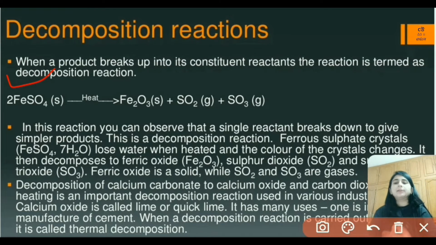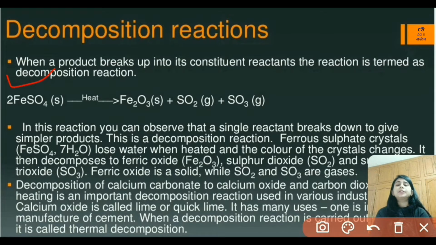So it's again a very good example of showing how one reactant on receiving heat breaks down or decomposes to form simpler substances. Another example of this could be calcium carbonate, whose molecular formula is CaCO3. So, calcium carbonate on receiving heat further decomposes to form calcium oxide and carbon dioxide gas. So, we have covered two very good examples of decomposition reaction.